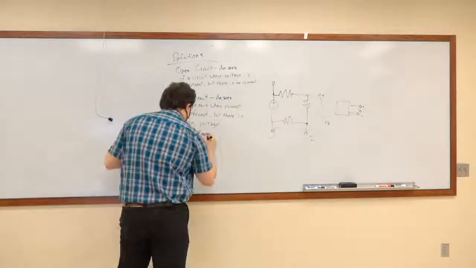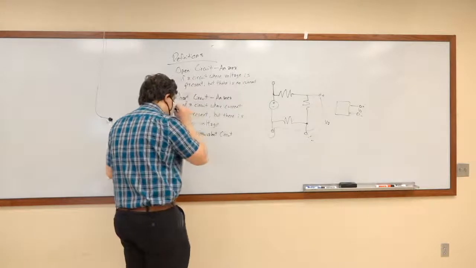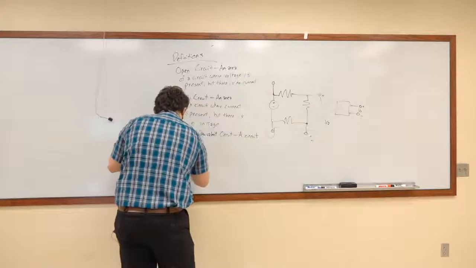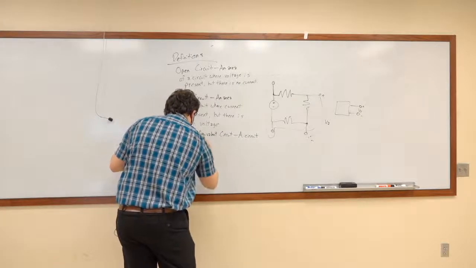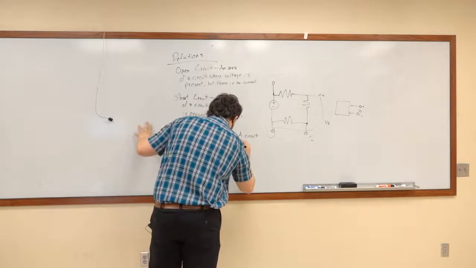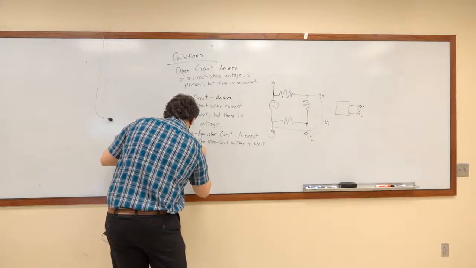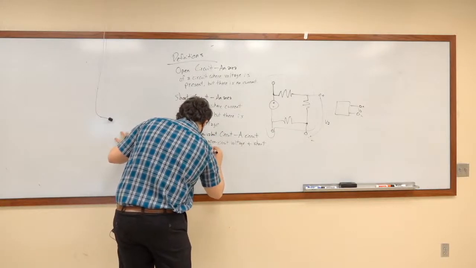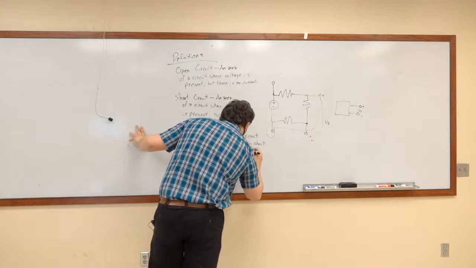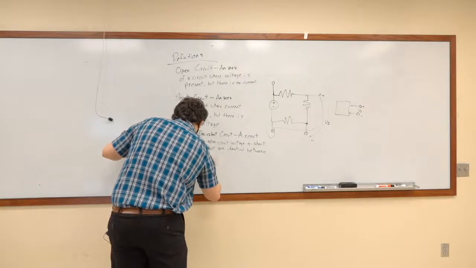A Thevenin equivalent circuit is a circuit where open circuit voltage and short circuit current are identical between two open circuits.